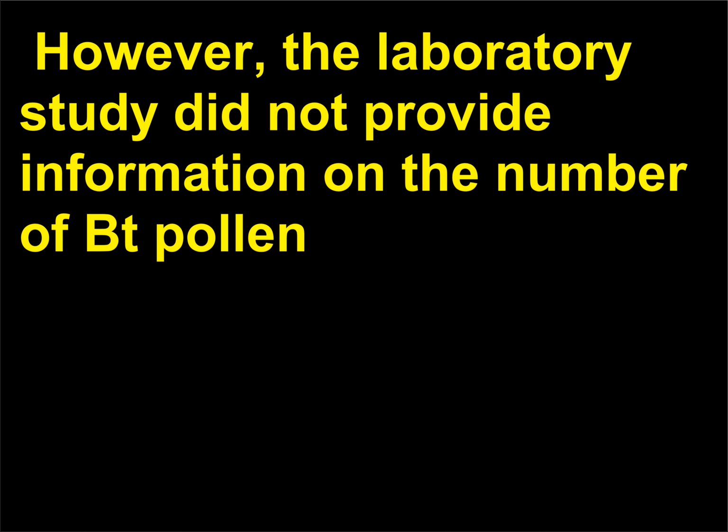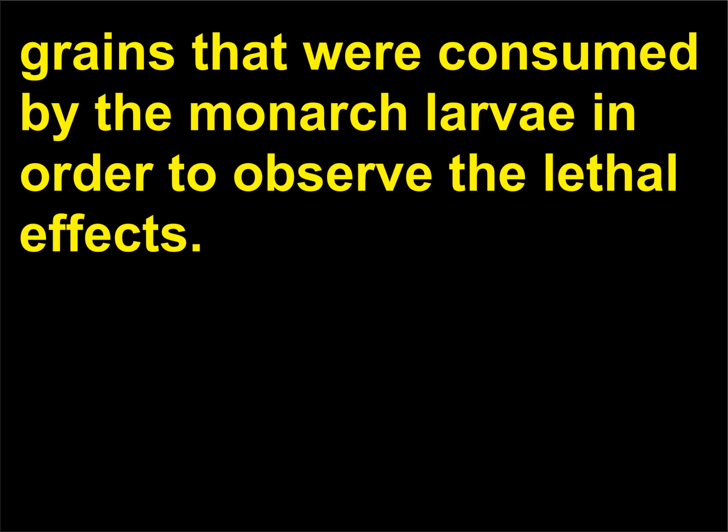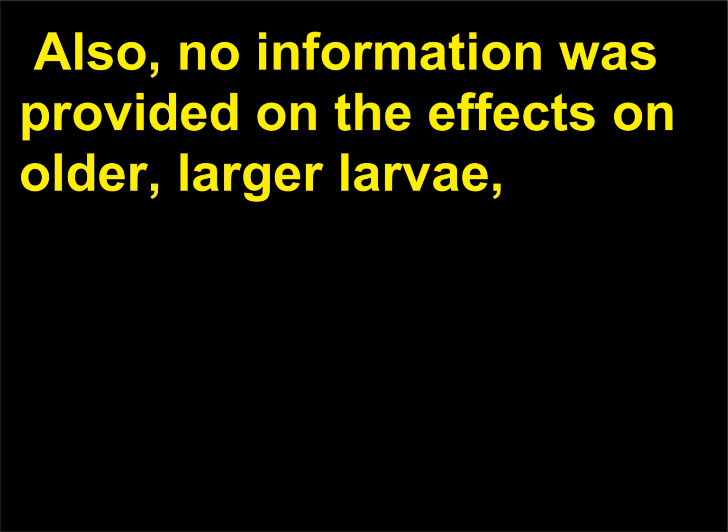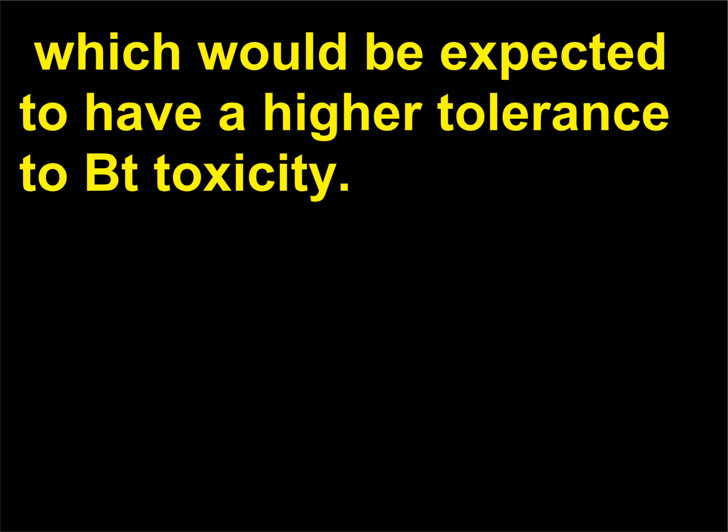However, the laboratory study did not provide information on the number of Bt pollen grains that were consumed by the monarch larvae in order to observe the lethal effects. Also, no information was provided on the effects on older, larger larvae, which would be expected to have a higher tolerance to Bt toxicity.